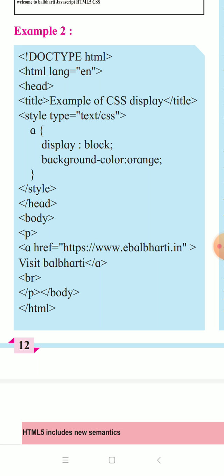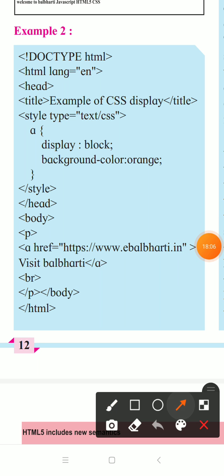In body tag, first see here p tag is here. In p tag, a anchor tag, a href equal to http://www.ebalbharti.in, means here the URL is set for href in double quotation. Then tag complete.